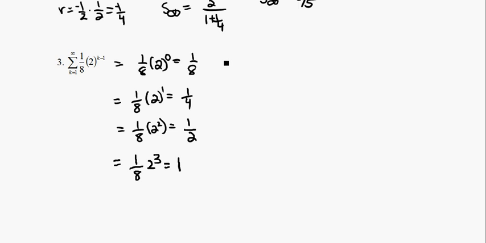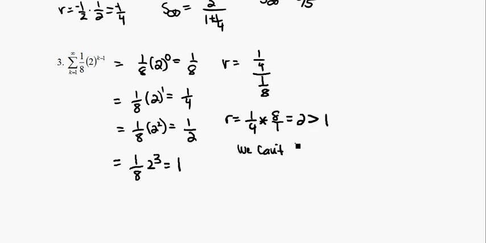let's verify that. Common ratio is 1/4 divided by 1/8. So if we flip and multiply, we get 1/4 times 8 over 1, which is equal to 2. Since my common ratio is bigger than 1, we can't find the infinite sum.